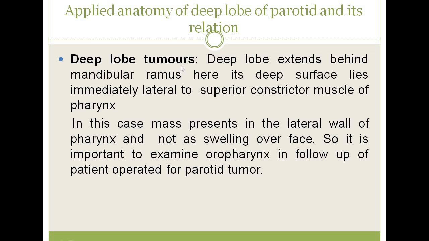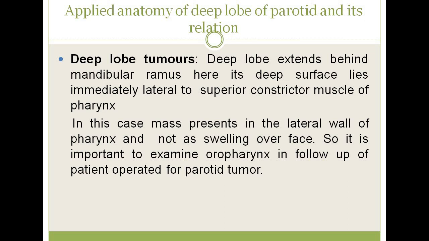Now this deep lobe of the parotid gland, when a tumor occurs on this side, the deep lobe extends behind the mandibular ramus, and here its deep surface lies immediately lateral to the superior constrictor muscle of the pharynx. In this case, the mass presents in the lateral wall of the pharynx and not as a swelling over the face.